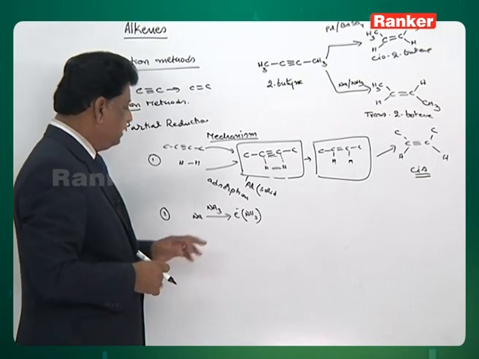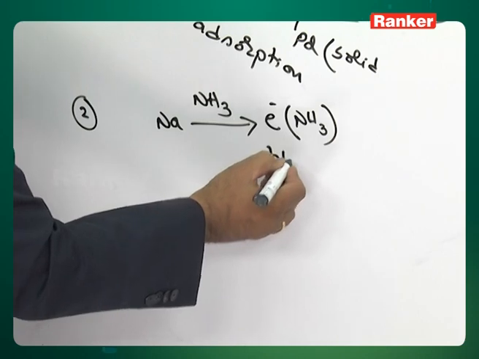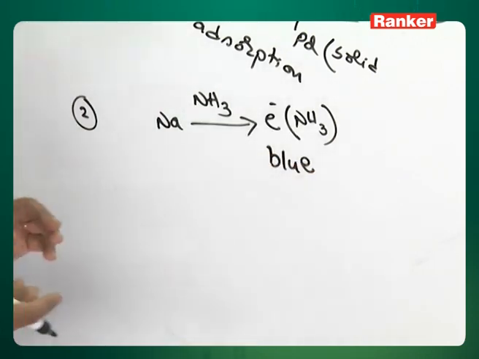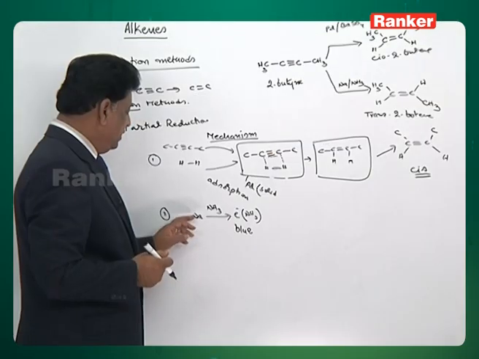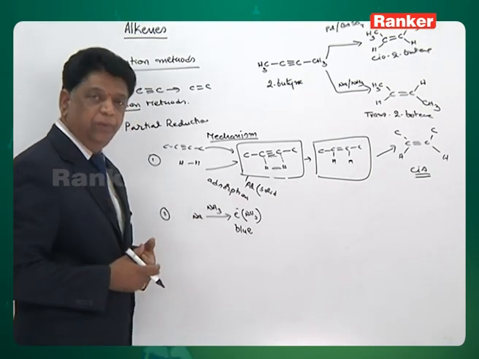This is called a solvated electron. This situation shows a blue coloration. In inorganic chemistry, you find this property: when alkali metals are added to liquid ammonia, the solution becomes blue.